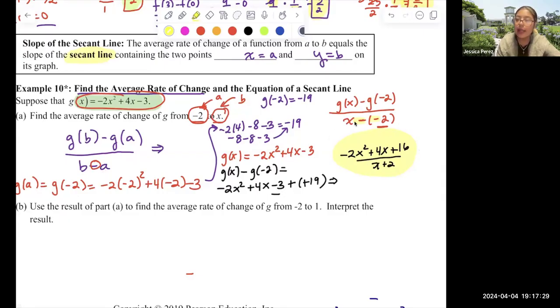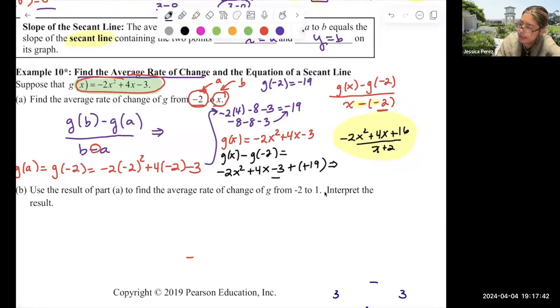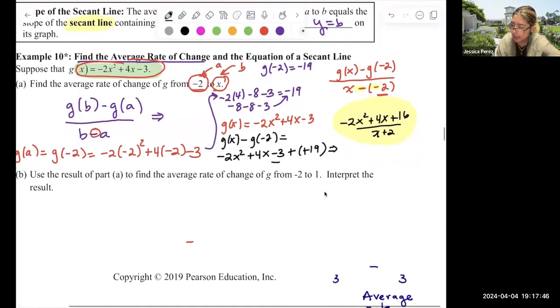So now, finally, use the results in part A to find the average rate of change from -2 to 1. Now that you have the equation, I want to find the average rate of change between -2 and 1.